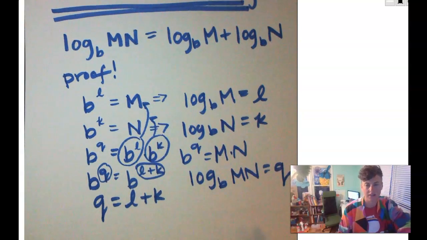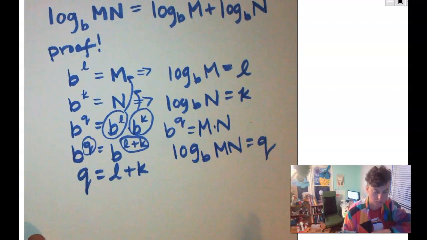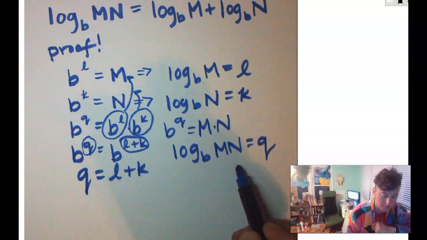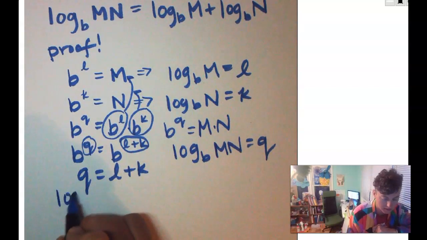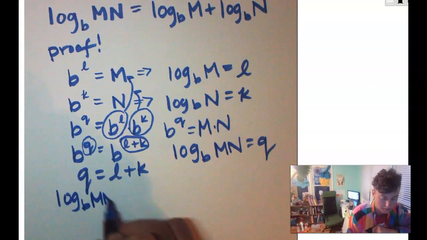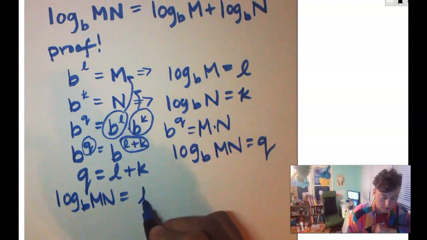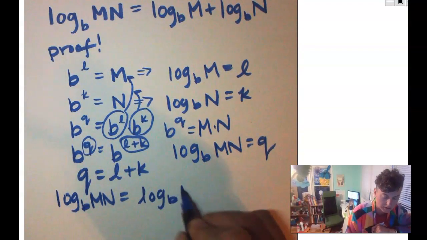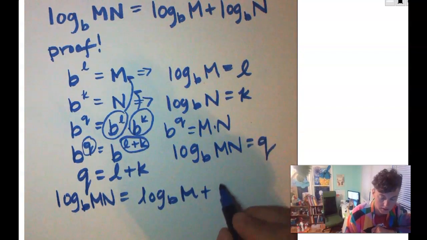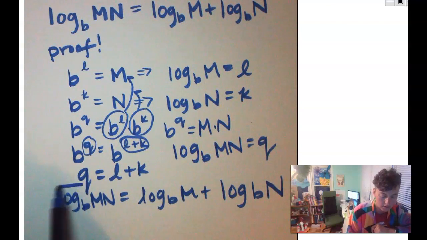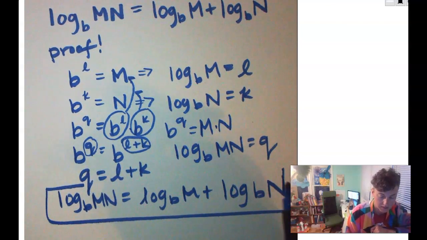Almost there, because we're going to replace a bunch of stuff. We said q equals log base b of mn, plus L was log base b of m, plus k, which was log base b of n. That was a nice little proof.